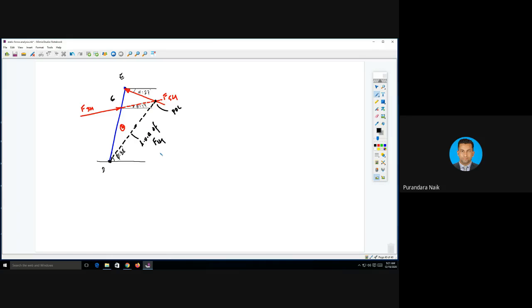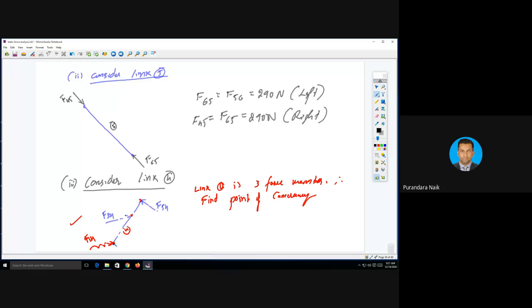Once you get POC, you join the point where F14 is acting. F14 is acting at point D, correct? So at point D, join D with the point of concurrency.